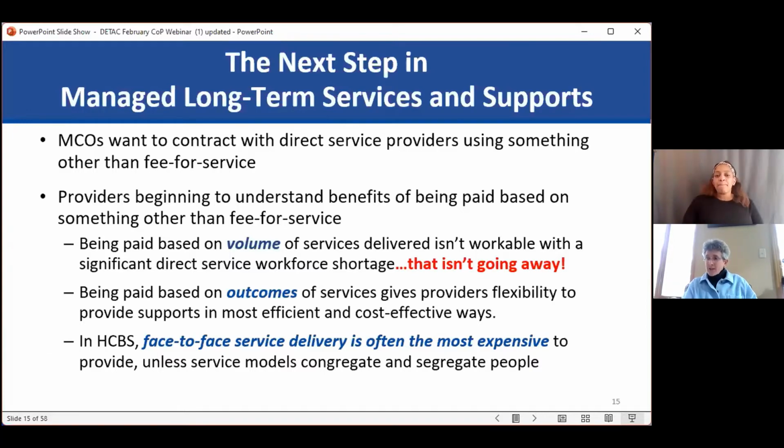Unfortunately, our history has been face-to-face service delivery, which is the most expensive and most labor-intensive way to provide services to people. So if we want to really serve people in the community in an individualized way and avoid congregation and segregation, we have to move away from face-to-face fee-for-service payment structures. Next slide.